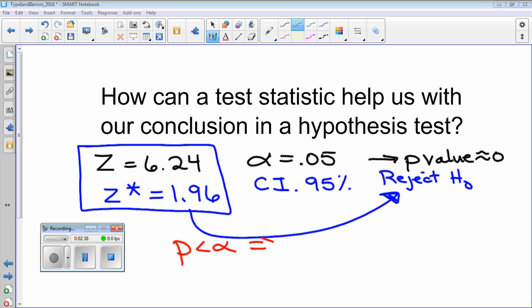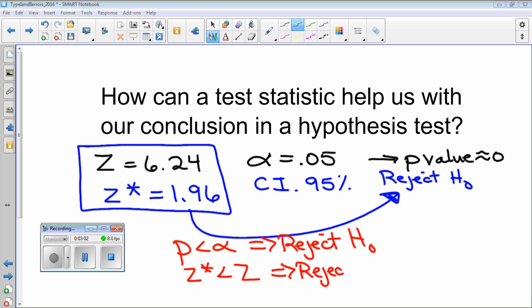Do you agree? When we have a small p-value, we reject the null. The second way, if we're not talking about p-values, is if your z star is less than your z, or your critical value is less than your test statistic, you also can reject the null.